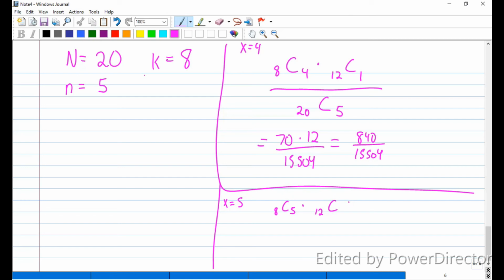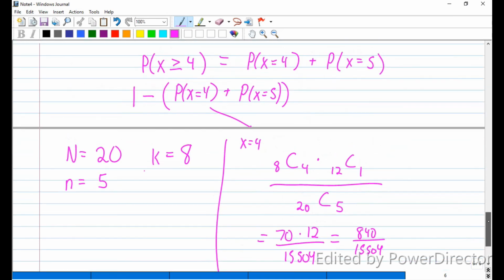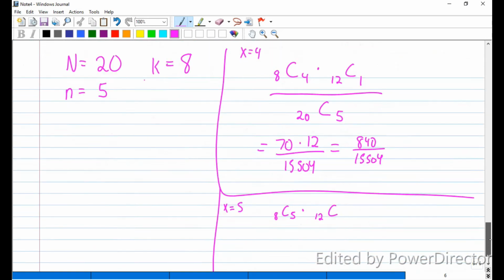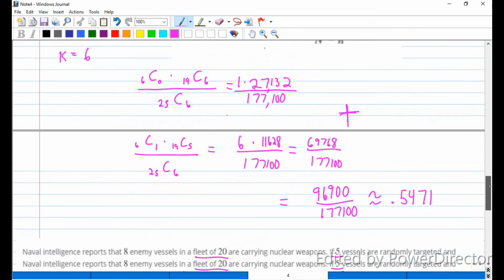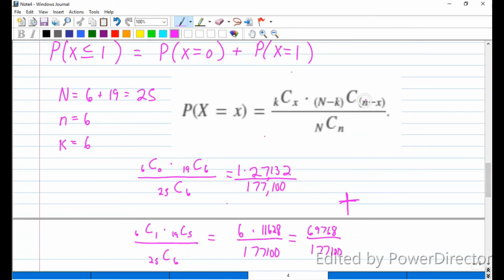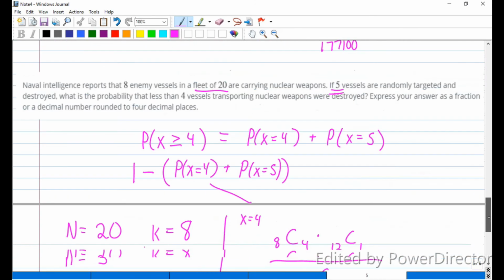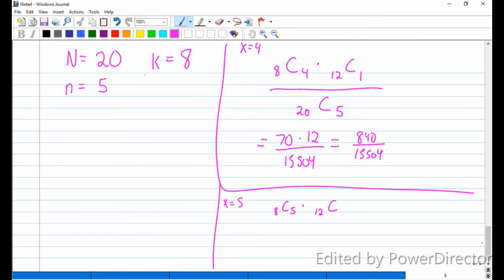Now this one is different because remember the formula, little n minus x, and the x is different, it's 5. So 5 minus 5 is 0, over, the bottom is always the same, so that's 20C5.